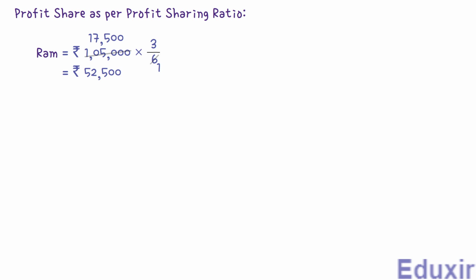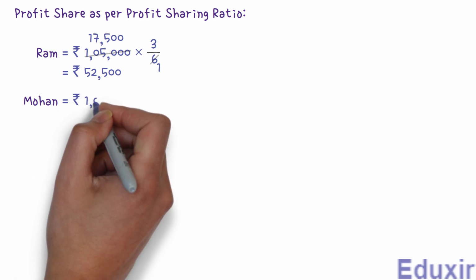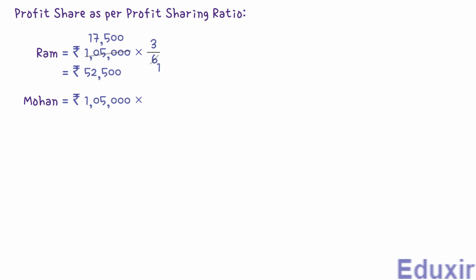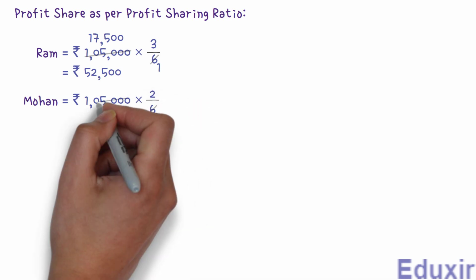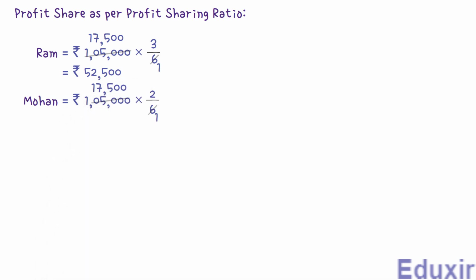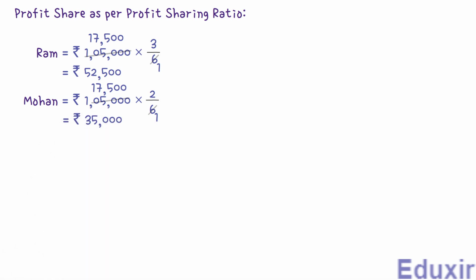Now, the profit share of the partner Mohan is equal to the total distributable net profit amount of 1,05,000 rupees multiplied with his profit sharing ratio 2 upon 6. Cancelling with 6, 6 ones are 6, 6 17,500 are 1,05,000. Now, if we multiply the remaining 17,500 rupees and 2, we get 35,000 rupees. This is the share of profit for the partner Mohan.